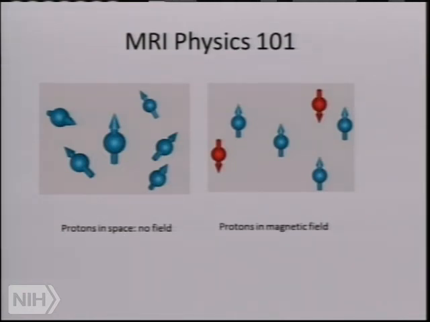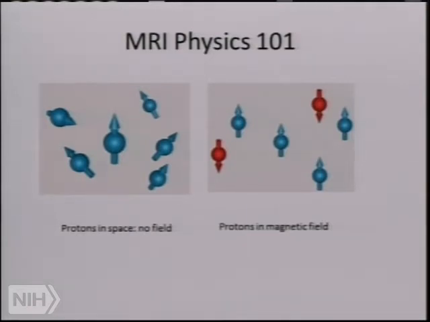So in the next few minutes, I'm going to whirl through what essentially accounts for at least 3 Nobel Prizes in the last 60 years. So if you don't get it all the first time, it's okay. But basically, protons, that is hydrogen atoms, are like little magnetic dipoles in space.